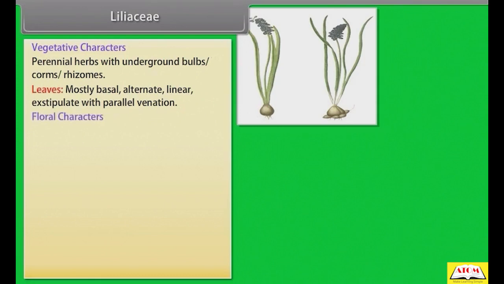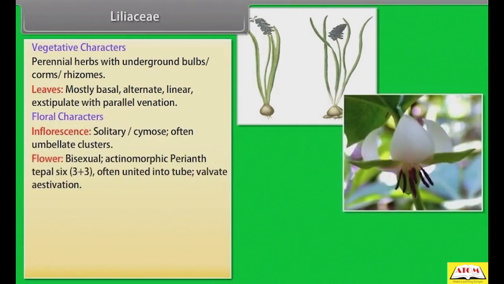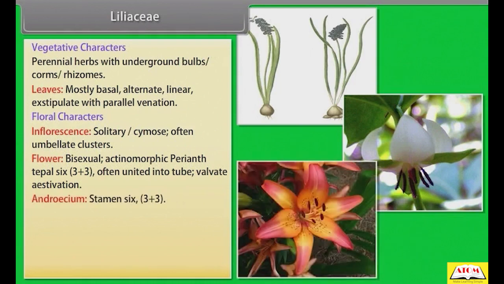Floral characters: inflorescence solitary, cymose, often umbellate clusters. Flower bisexual, actinomorphic. Perianth tepals 6 (3+3), often united into a tube, valvate aestivation. Androecium, stamens 6 (3+3).